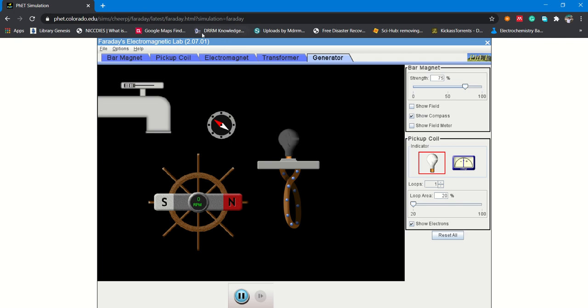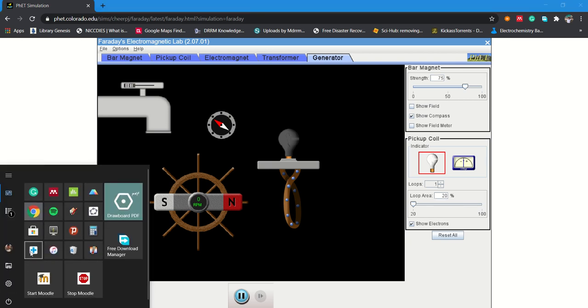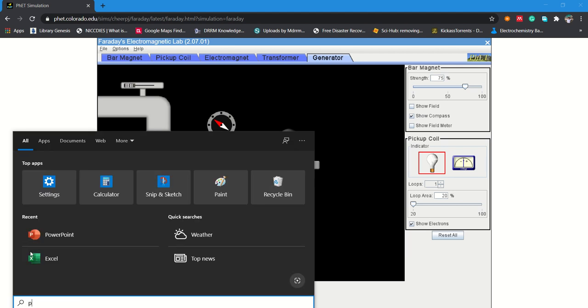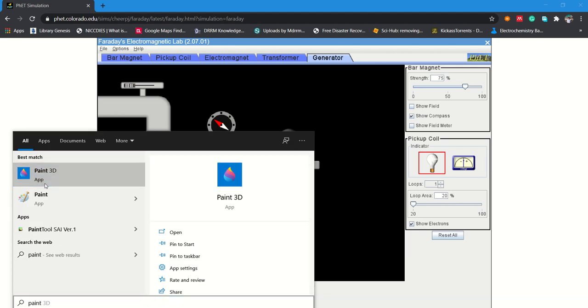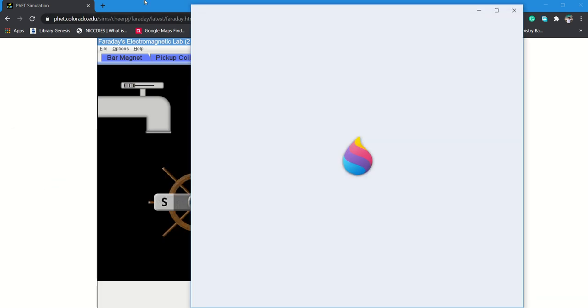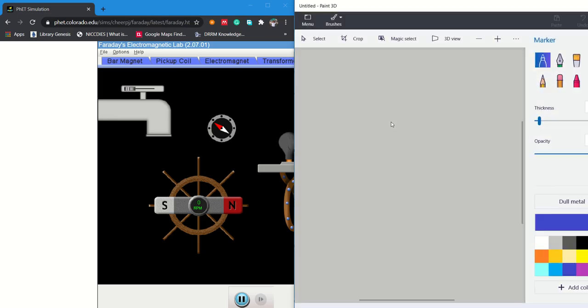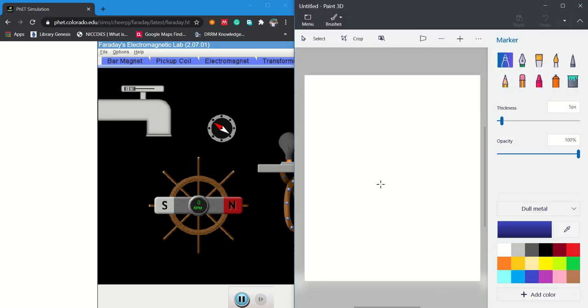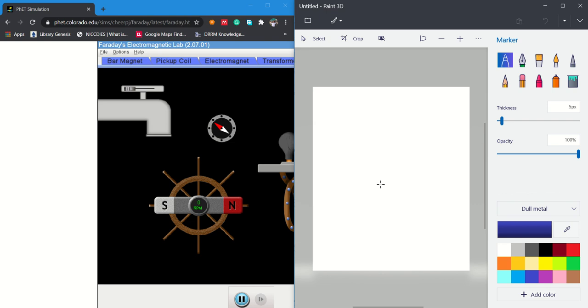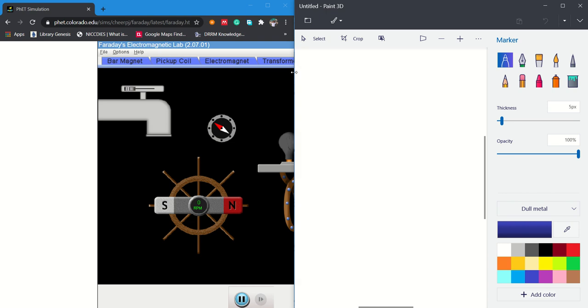Right. So, again, one of the basics of DOE is that we have to understand first our factors. Okay, Paint 3D. Okay.